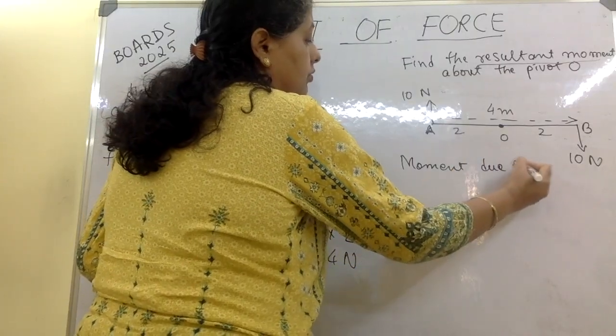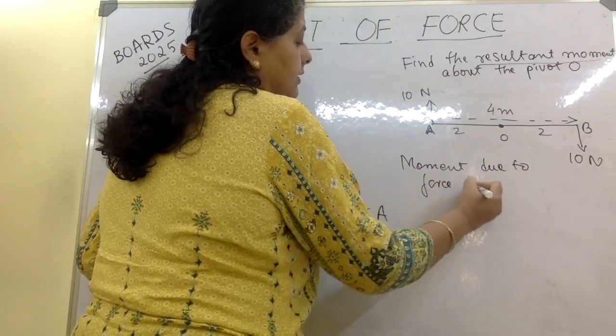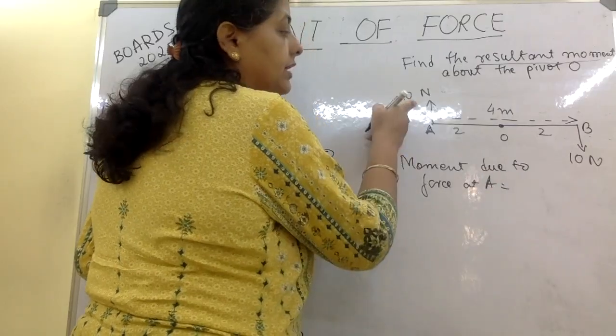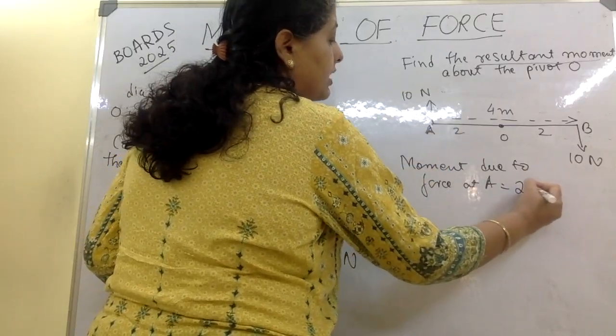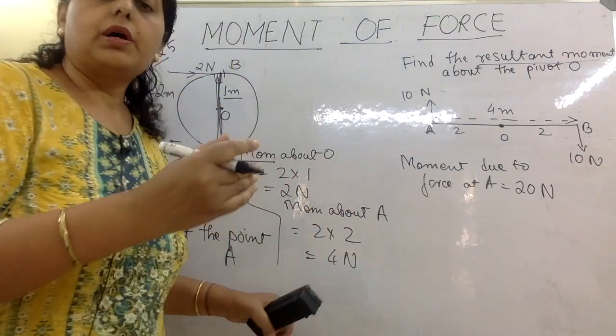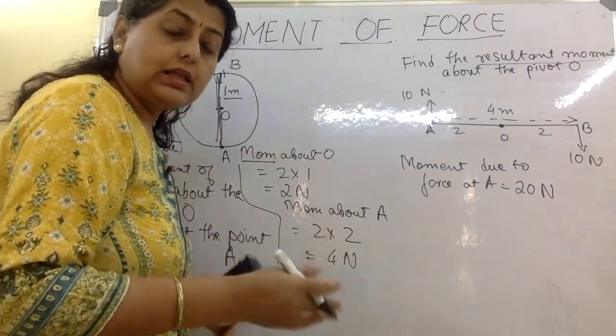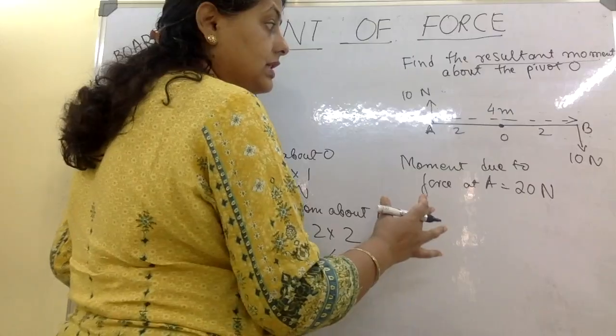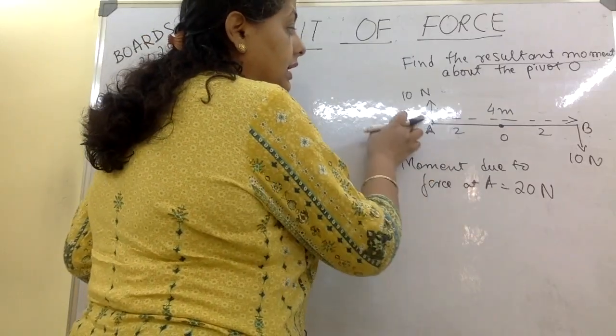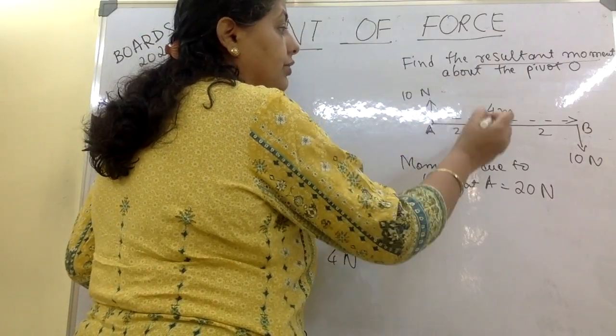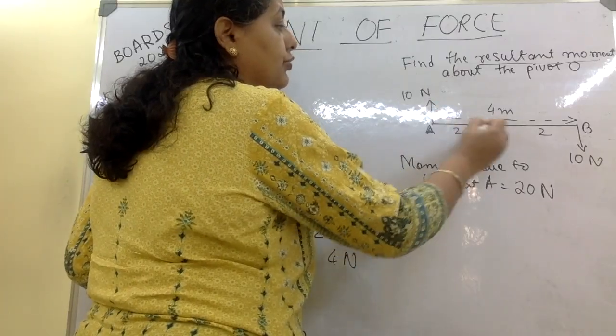Now the moment due to force at A is equal to 10 Newton with this 2, that is 20 Newton meter. Let us talk about the direction. If I take this, and if this is being pushed, it is fixed here.